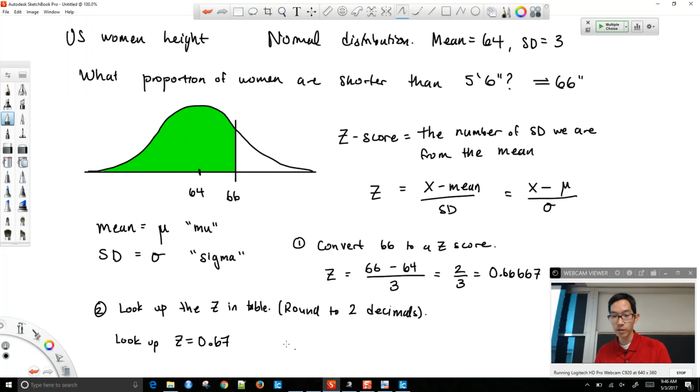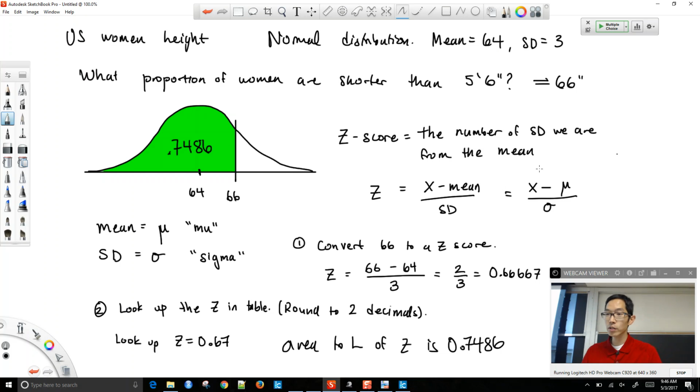So the area to the left of z is 0.7486, and that's our answer. What proportion of women are shorter than 66 inches? That answer is about 3/4. 3/4 of women, according to this normal distribution, are shorter than 5'6", approximately.